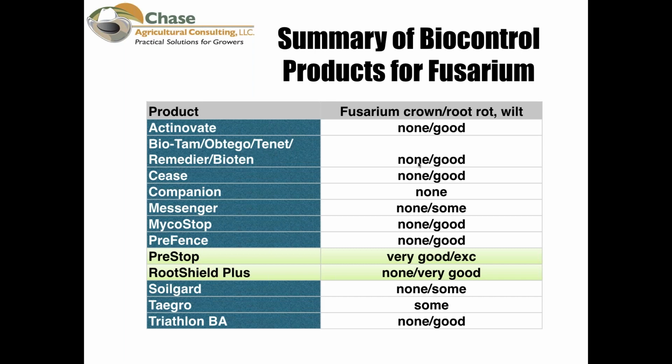This is not any worse for biocontrol products than it is for conventional products. They often give you a very big range, but you do see surprising consistency with Pre-Stop and also up to very good control with Root Shield Plus. So that's my recommendation for you if you're fighting Fusarium and you need to be in the organic range.